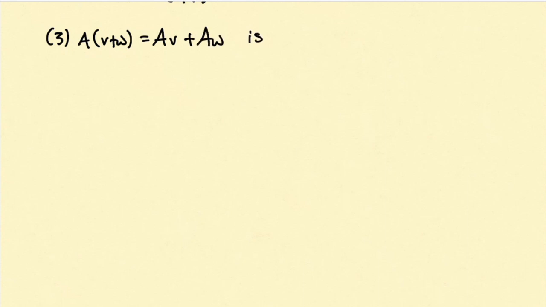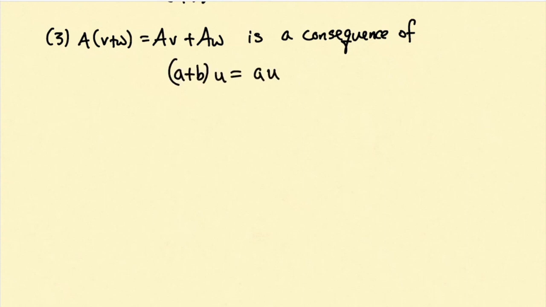Similarly, our third property is a consequence of the fact that scaling is distributive for vectors. That is, if I take two scalars a and b and a vector u, a plus b multiplied by u is the same thing as au plus bu. So just as before, we take A multiplied by v plus w and chase our definitions.